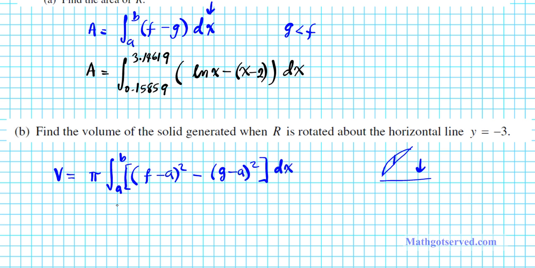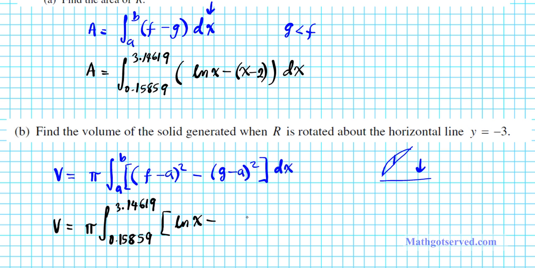So we're going to have the volume, applying this formula to this situation, is equal to pi times, now since we're using x's, we're going to take the x coordinates of the points of intersection. We already have them here, 0.15859 and 3.14619, times f, the function on the top, and that's the logarithmic function, minus -3.